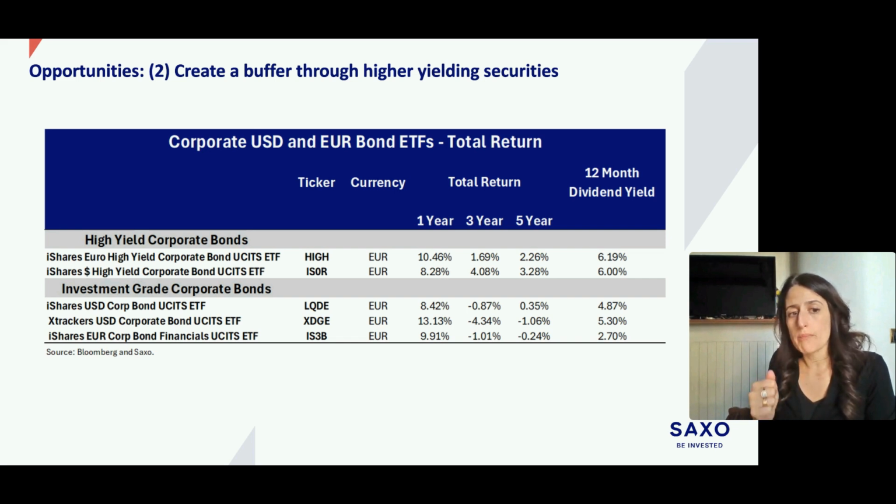If we compare high yield with investment grade corporate bonds, and we want to create a buffer against inflation and monetary policy surprises, then high yield corporate bonds will be a better option, just because they provide a much higher spread over their benchmark compared to investment grade corporate bonds.